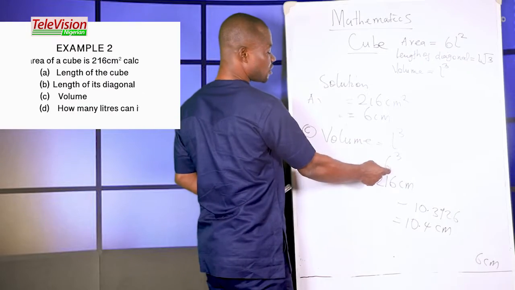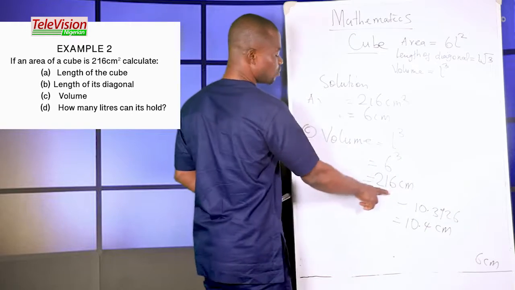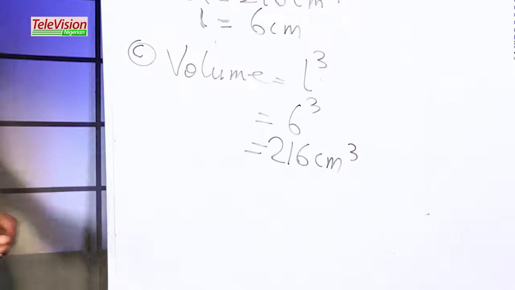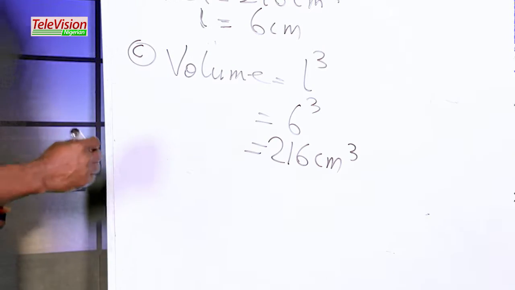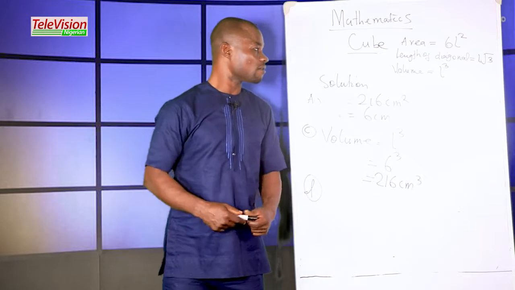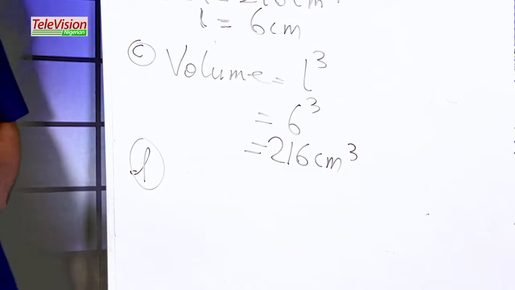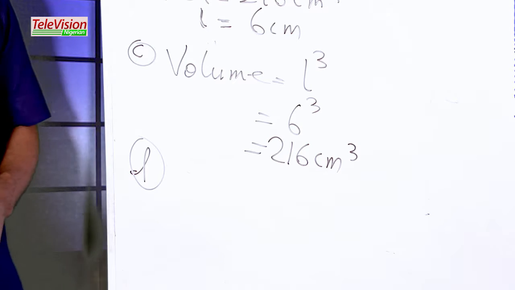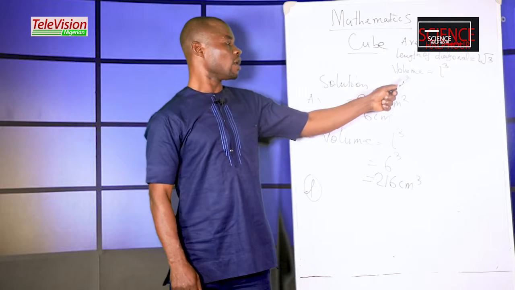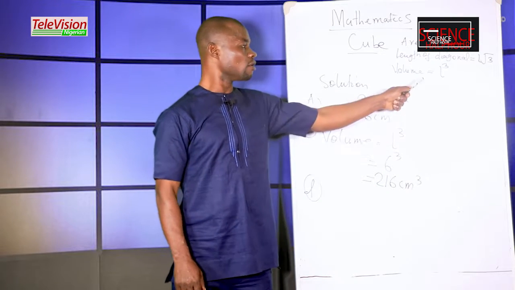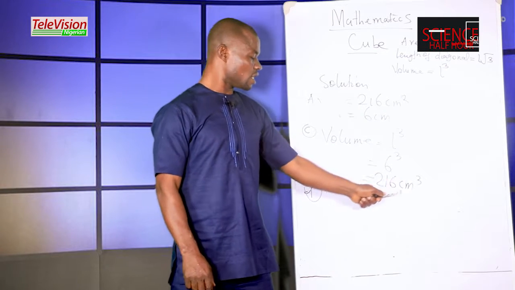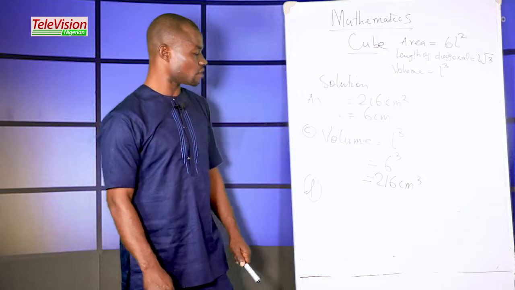Now, because this 6 is raised to the power 3, it means that the unit of volume is cm raised to the power 3. But the problem is that this question gives us D, and we don't have the formula here. The question is, how many liters can it hold? This liter is talking about the quantity, which is the volume. You have to convert this volume to liters. To convert the volume in cm cubed to liters, you divide by 1000.